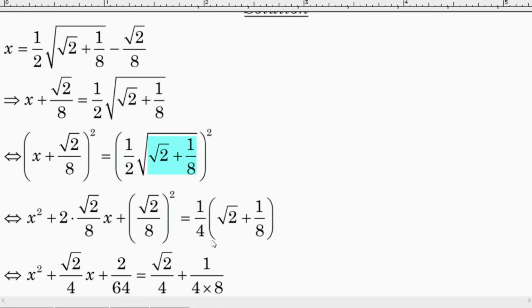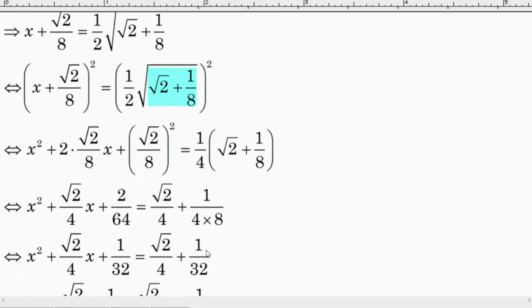So I will expand this into the factors here. That will be 1 multiplied by square root of 2, which is square root of 2 over 4, and then plus 1 times 1 equal 1, 4 times 8. Alright.